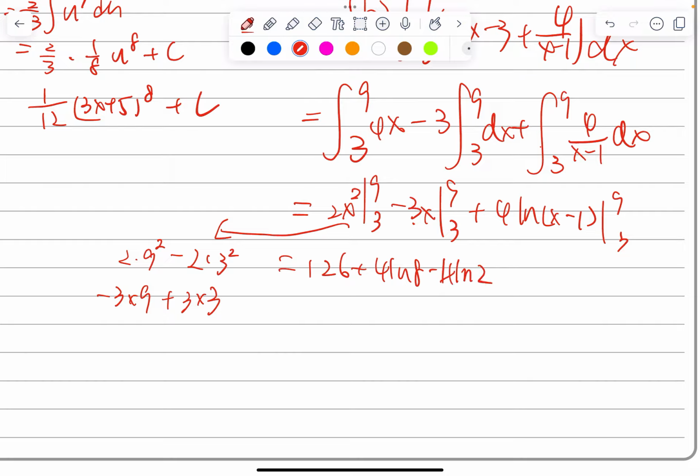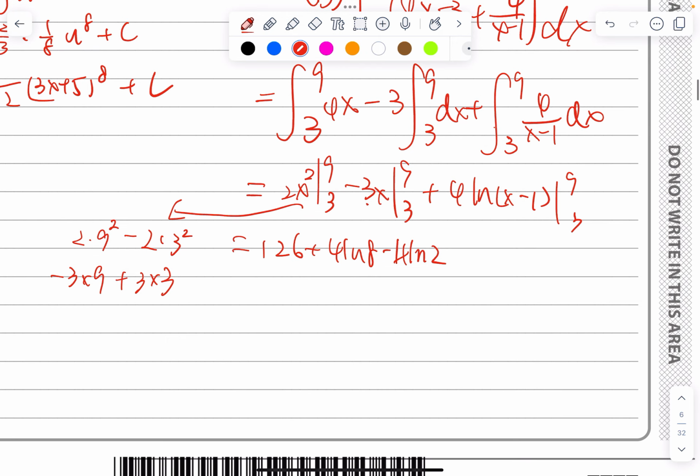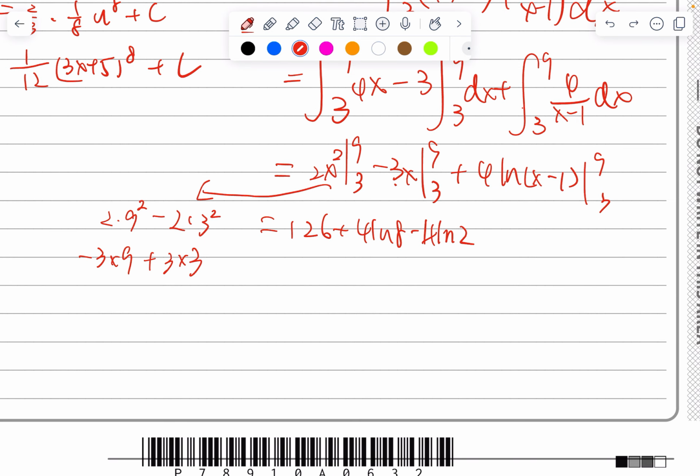4 ln 2. And then it requires writing in the simplest form. So now you may think this is the simplest form, but no, because ln 8 can be written as, let me think, ln 2 cubed, which means it can be written as this, right?